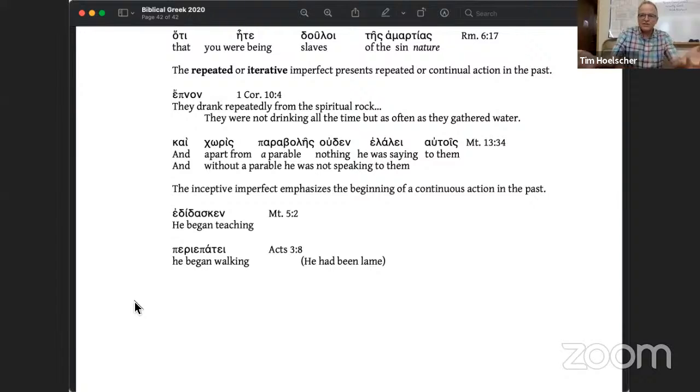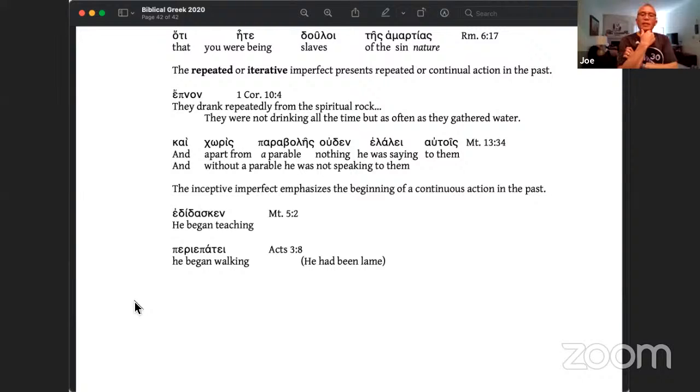In the name of Jesus Christ of Nazareth, rise up and walk." And he gets up and they say he began walking. He hadn't been walking in the past. And it's peripateo, so again, this is a contract verb, which is why that ending is messing us up on these things.